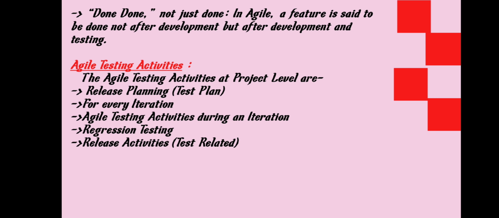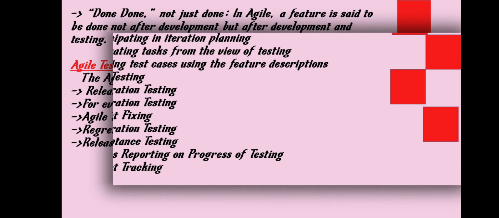Next is the done to done method. It's not just done. In Agile, a feature is said to be done not after development but after development and testing. Next, going to see about Agile testing activities. The Agile testing activities at project level are release planning, activities for every iteration, Agile testing activities during an iteration, regression testing, and release activities.